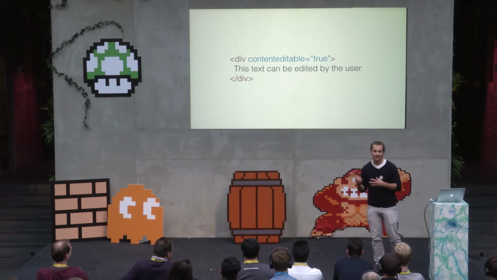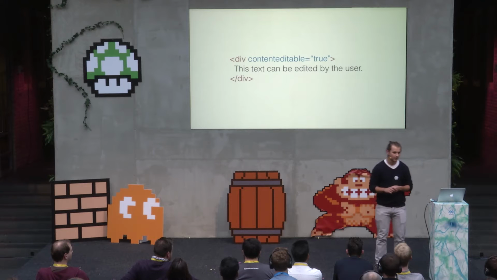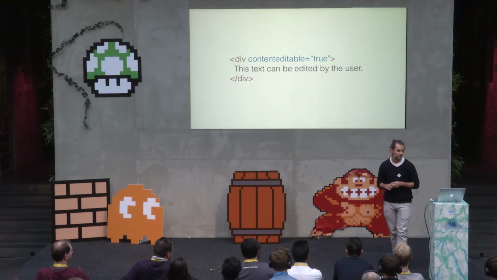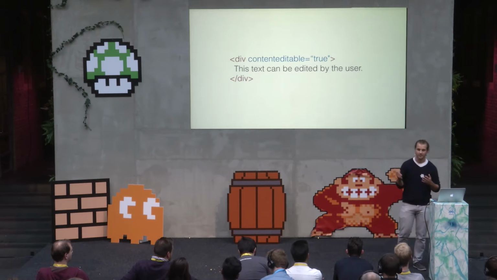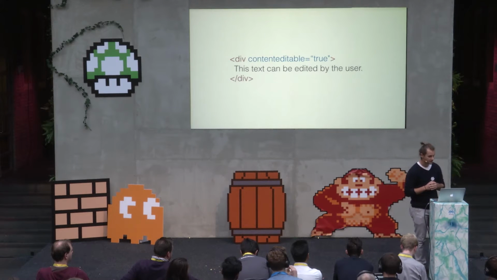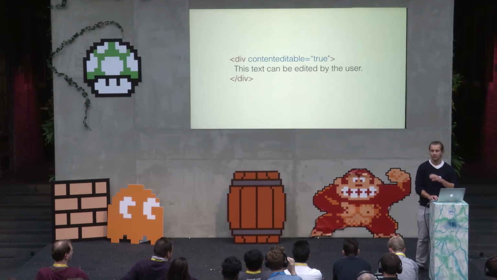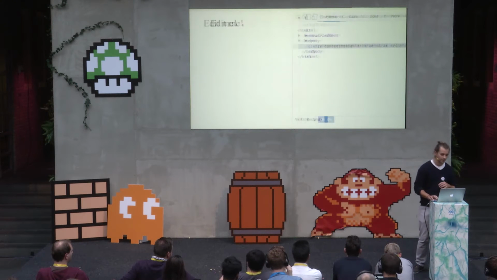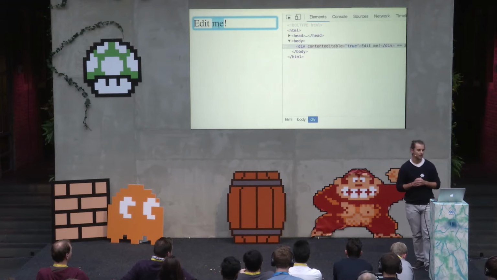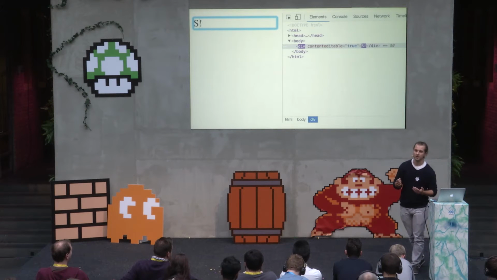How can we actually edit HTML? There's a pretty cool attribute, which is called contenteditable. You simply set it to true. And what happens is, if you do that, then any kind of user can simply edit content on the web page live.